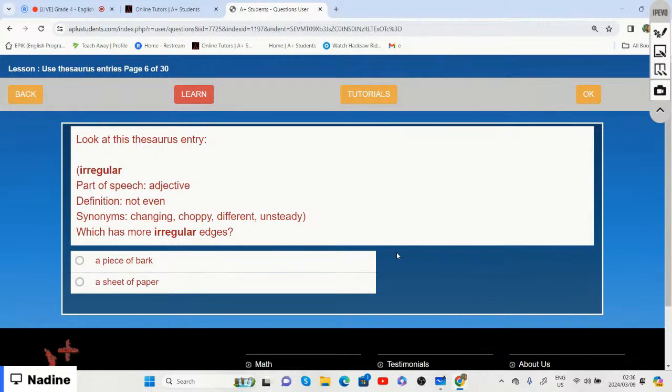So we need to say what has more irregular edges. Is it a piece of bark that falls from a tree or a sheet of paper?